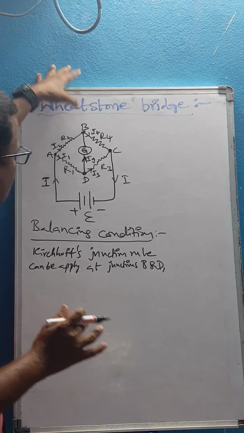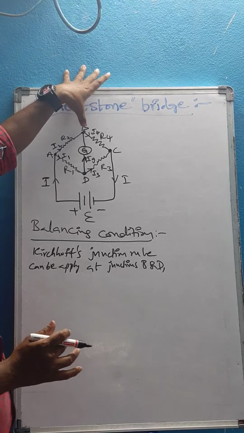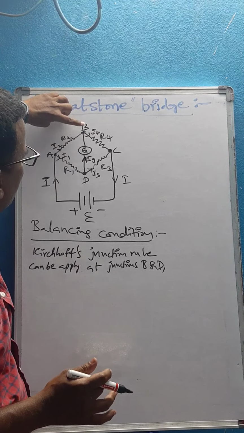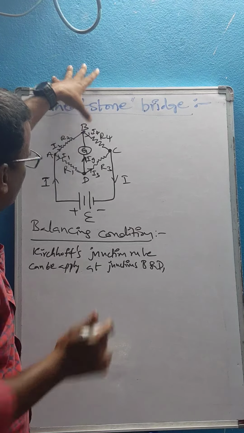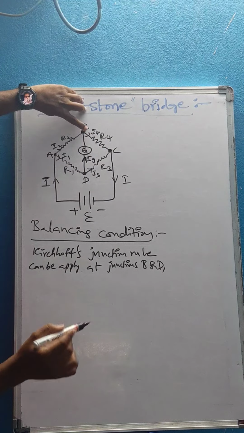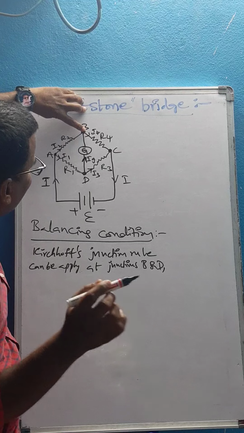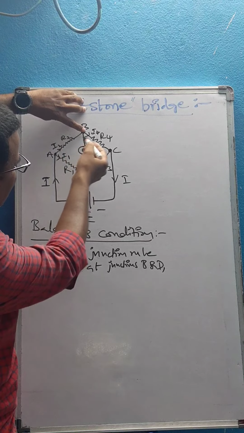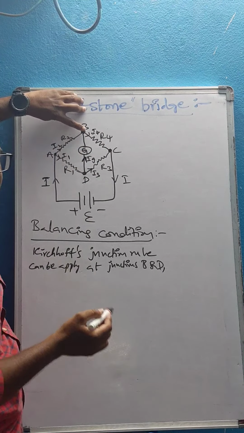Okay. So here, first of all, we can apply the Kirchhoff's first rule at point B. So you can place your finger at point B and look at the currents.